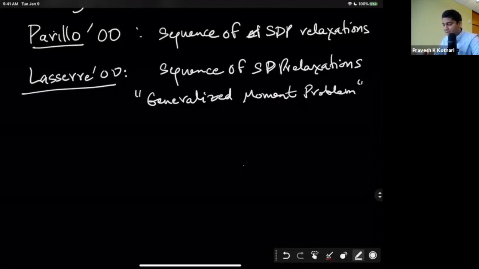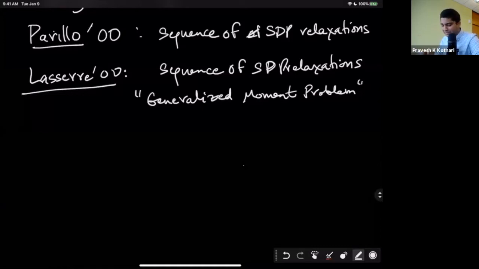But it turns out, and towards the end of the class we'll see some aspect of a proof of this, that in a very formal sense it is the dual to the positivity checking problem or feasibility checking problem.